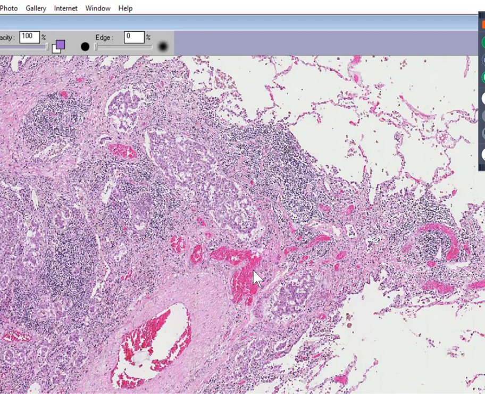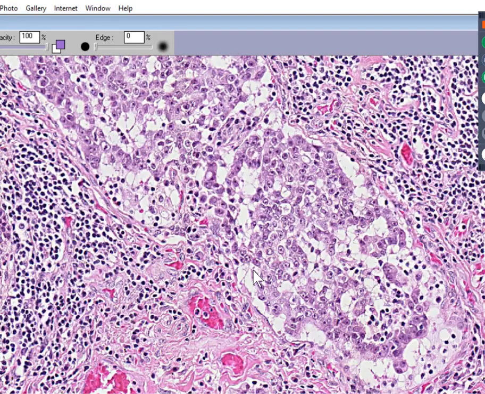Look at this nest of cells here. I'm going to ask you one simple question. This nest of cells here, does it look like they are arranged in little circular clusters? Yes or no?